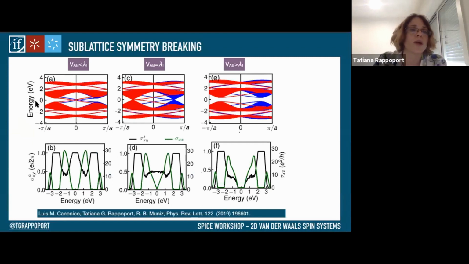And if we look at the nanoribbon band structure, we can see edge states in these three gaps. So it has three nice spin Hall conductivity plateaus. And if we keep increasing sublattice symmetry breaking, eventually this central plateau is destroyed, like in the case of Kane and Mele, but we still have two lateral plateaus.